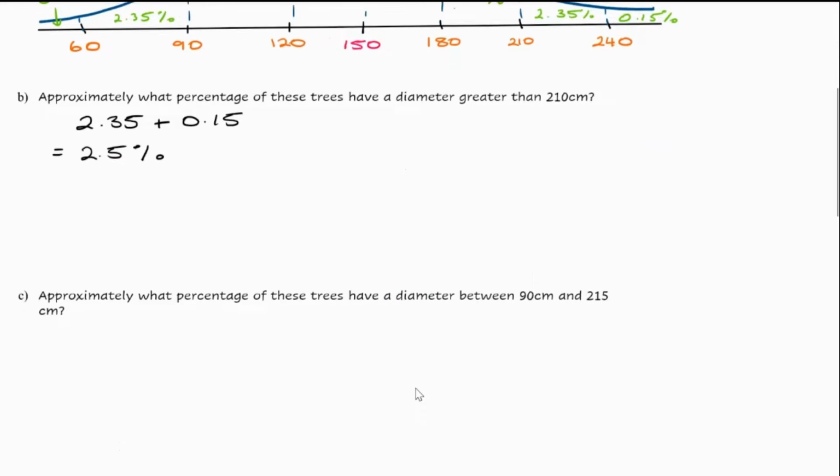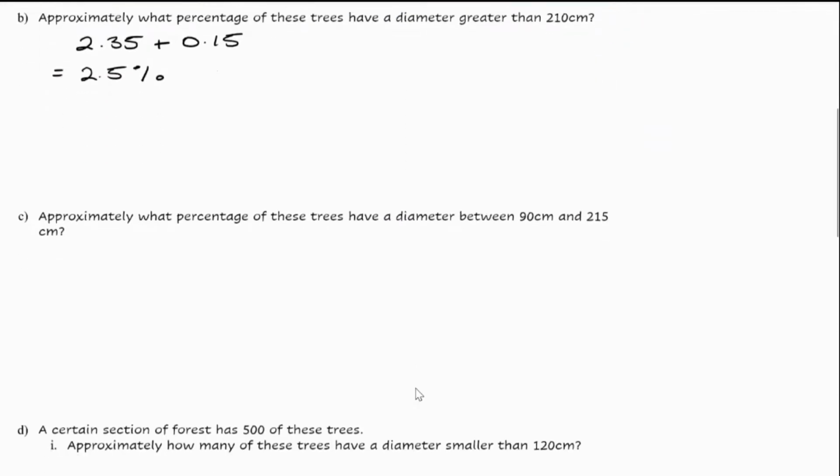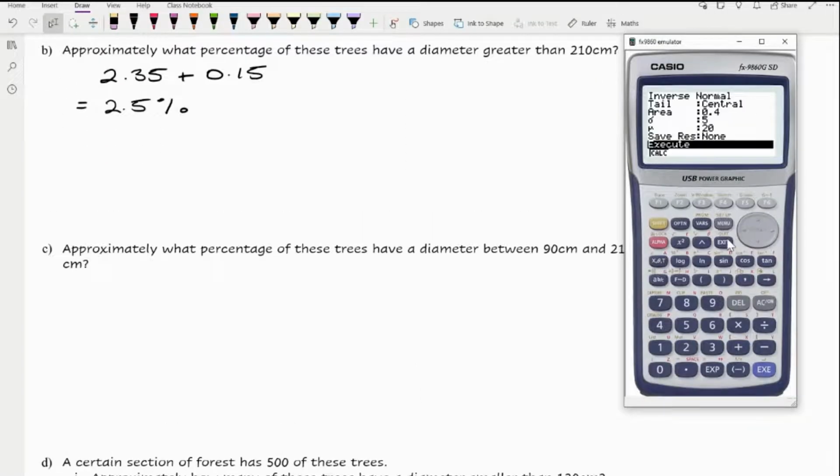However, what I can do is use my graphics calculator. So if I go to menu, stats, get out of all that, I need to go where it says dist, which stands for distribution. I then go to where it says norm, and I need to go where it says NCD.